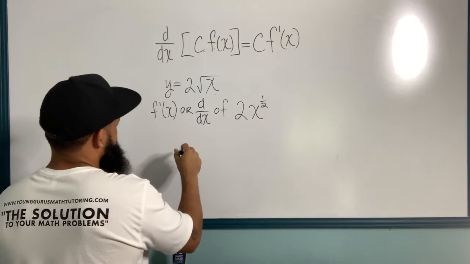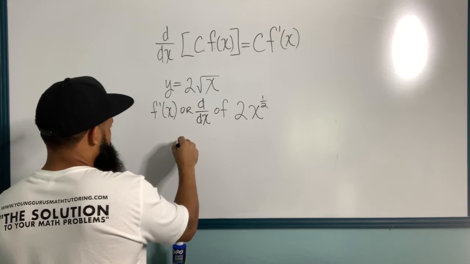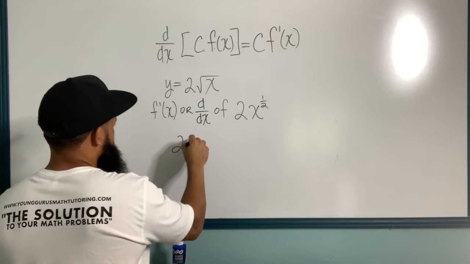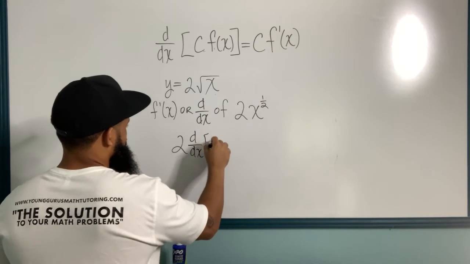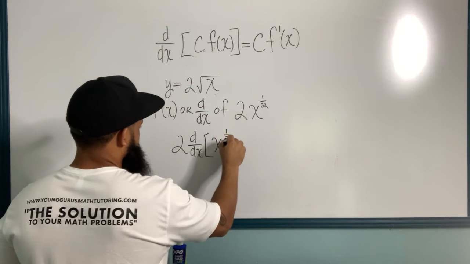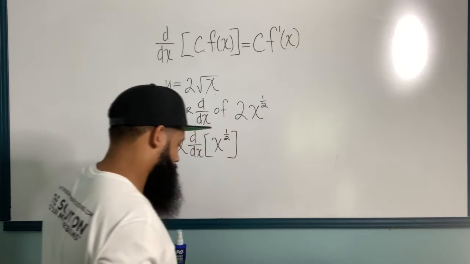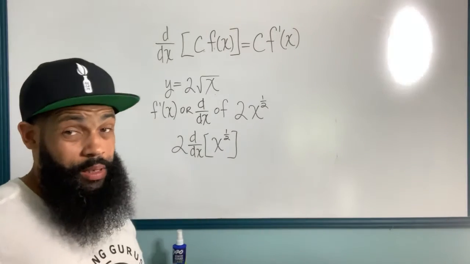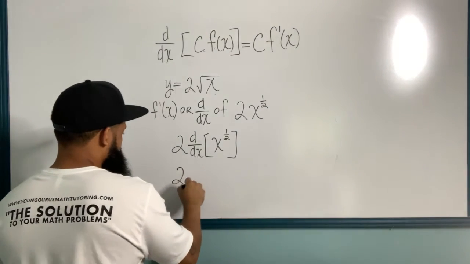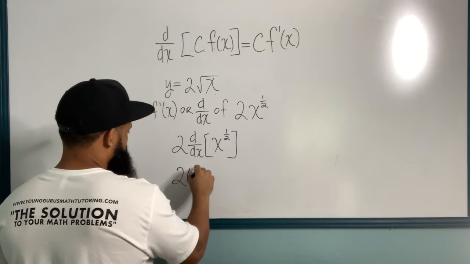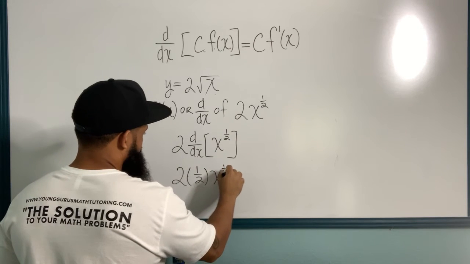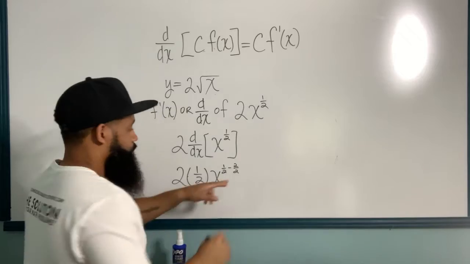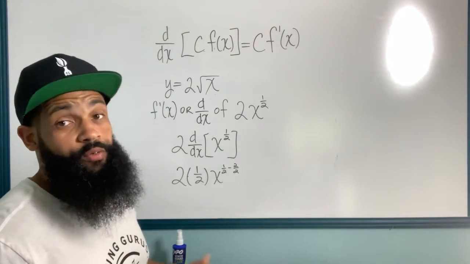So what we have is we have 2 and then d/dx of x to the 1/2 power. Okay, now when I do this, we're actually going to say 2 and then times 1/2 x to the 1/2 minus 2/2. 2/2 is for the value of 1, all right?